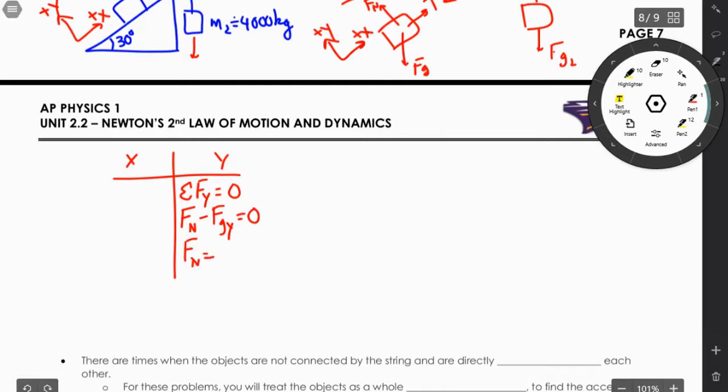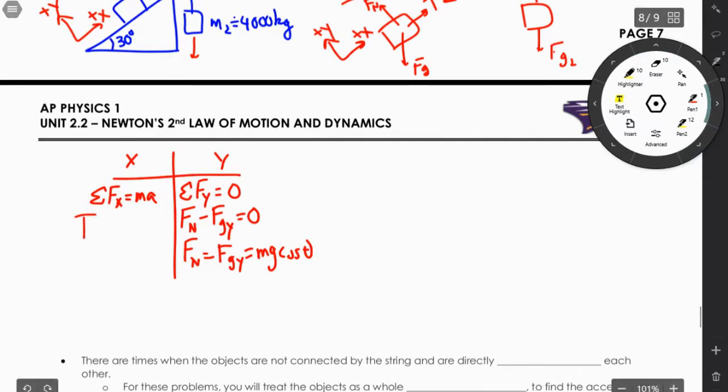Very typical of the inclined plane, our normal force is equal to the weight in the Y direction. Now we do the X direction, and this is where our acceleration is. You can just call it A because it's the only acceleration that we have, in the X direction.